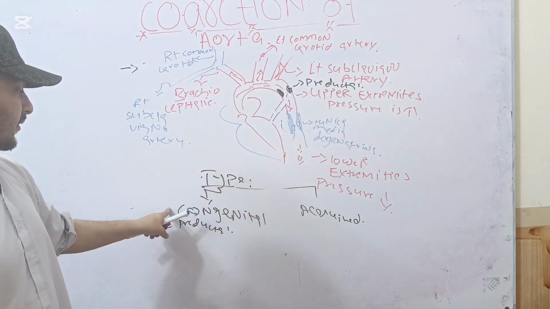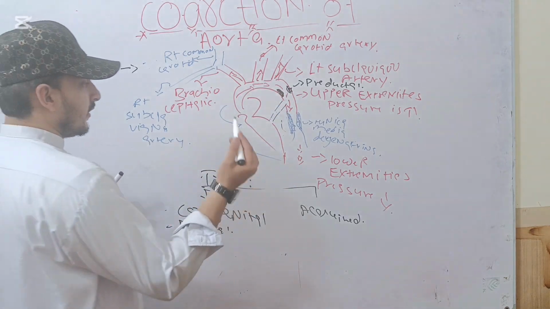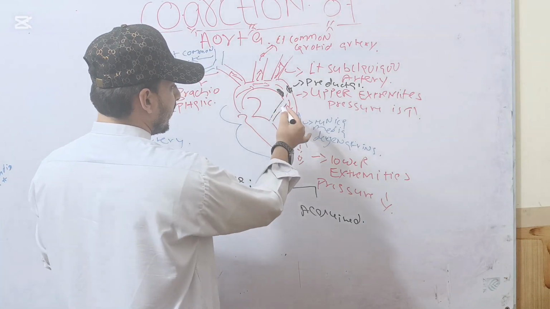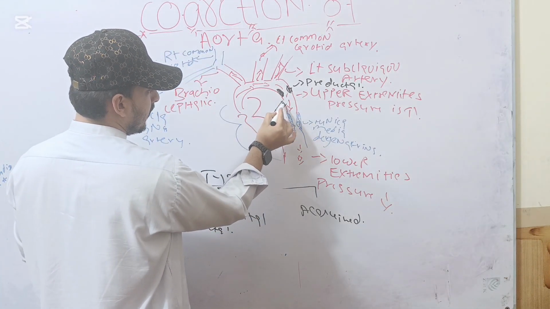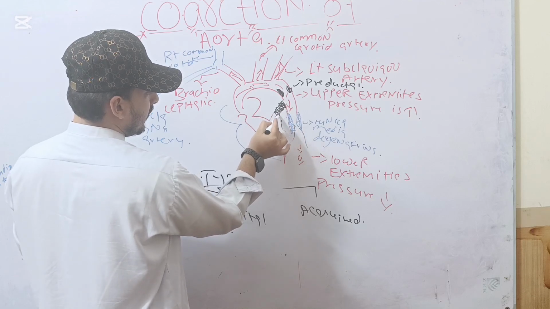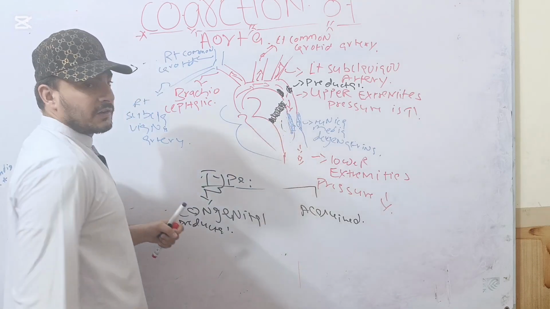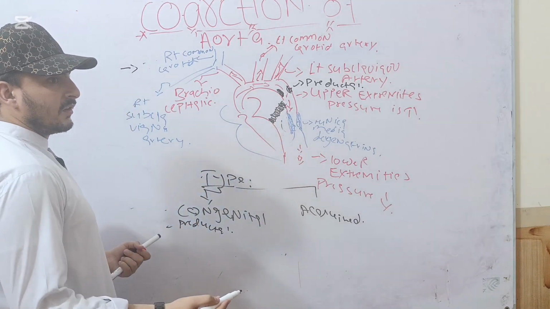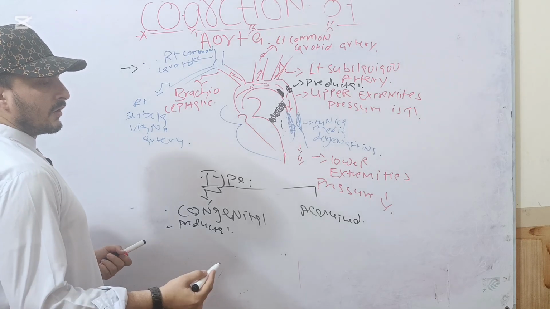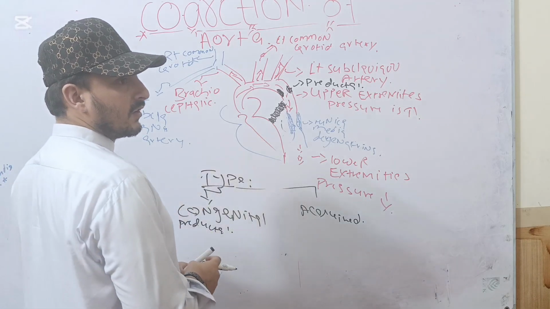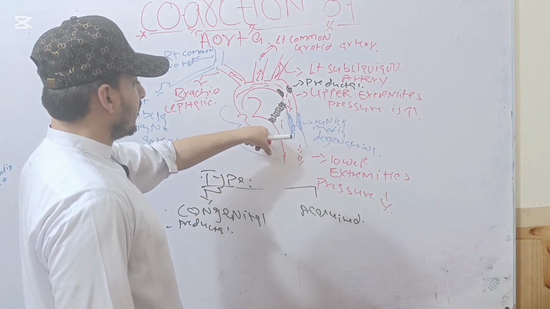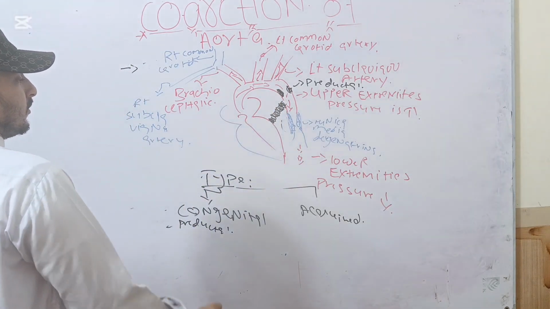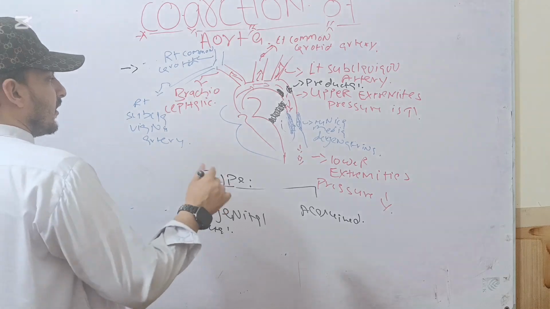If the baby is born, normally the ductus arteriosus is closed and obliterated, because the first time we breathe, our lungs open, oxygen is received by the lungs, and blood goes normally to the lungs through the pulmonary arteries and pulmonary veins.